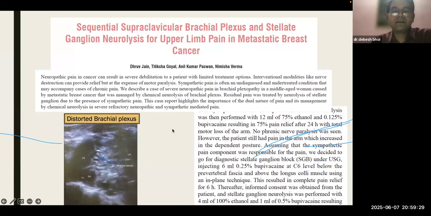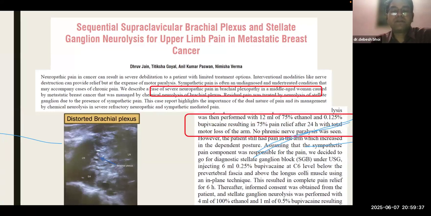Because the pain was not getting controlled, after taking due consent and explaining the risks, the patient was planned for neurolysis, though they first gave a diagnostic block, after which he had good relief. In this case they used around 12 ml of an ethanol and bupivacaine combination.